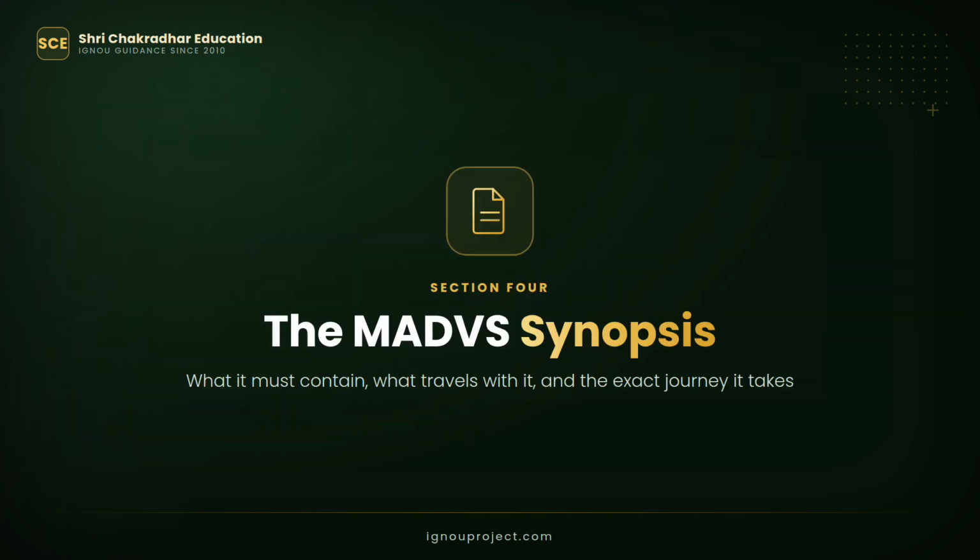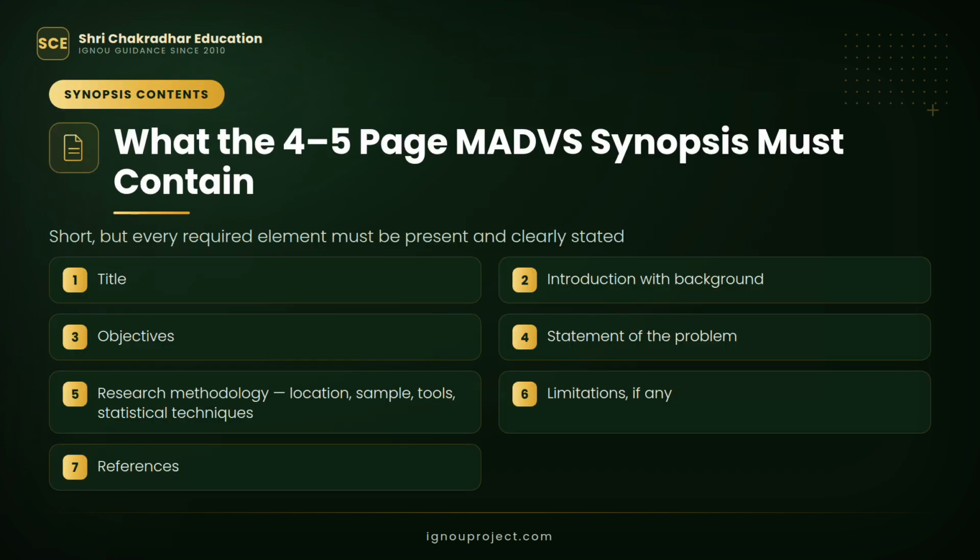Section 4. The MADVS synopsis and the exact journey it takes. The MADVS synopsis is short. 4 to 5 typed pages. What matters is that every required element is present and stated clearly. Your title? An introduction giving the background. Your objectives?